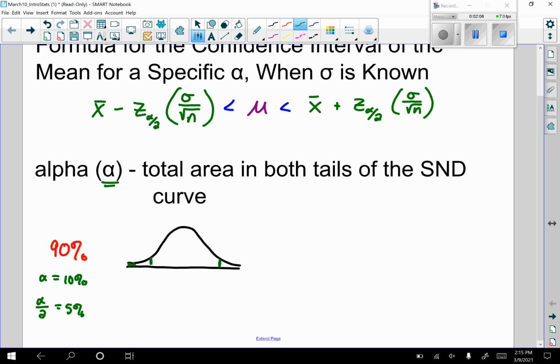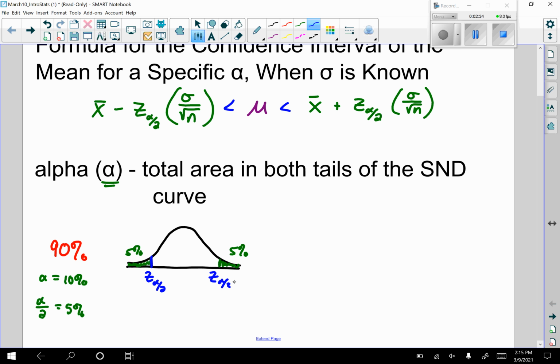So this little area right here is representing 5%. That's our alpha over 2. And then over here we have 5%. So our z sub alpha over 2 is the boundary value. Even though this one's going to be negative, this one's going to be positive. Now, because we're adding and subtracting, we just need it to be positive anyway.